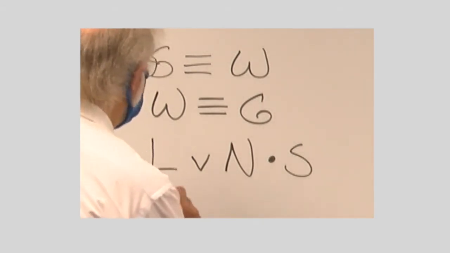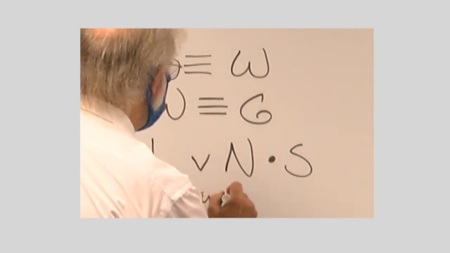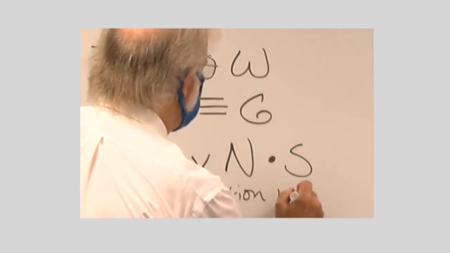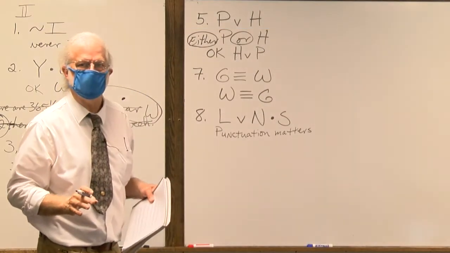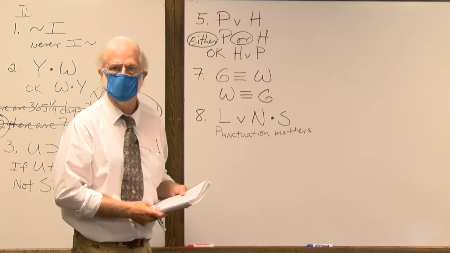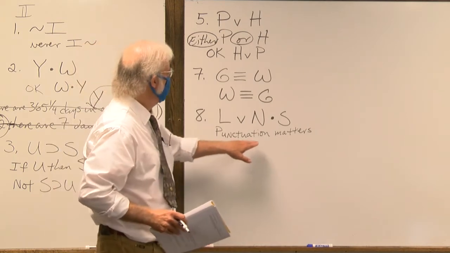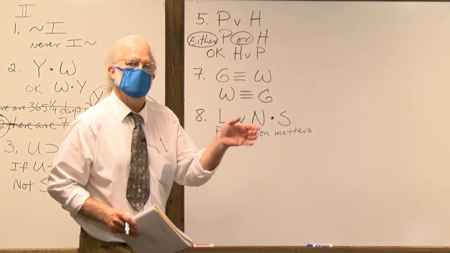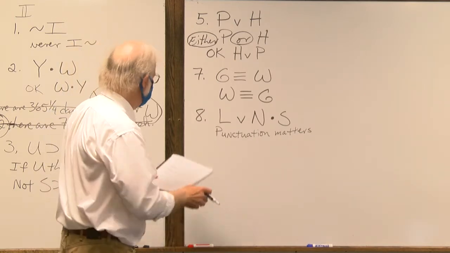There is no way to know except for punctuation. The moral of the story in number 8 is that punctuation matters. Every one of my practice exercises has some sort of moral to it, if I can put it that way, a logic moral. And in this one, it's that punctuation determines what the expression really means.